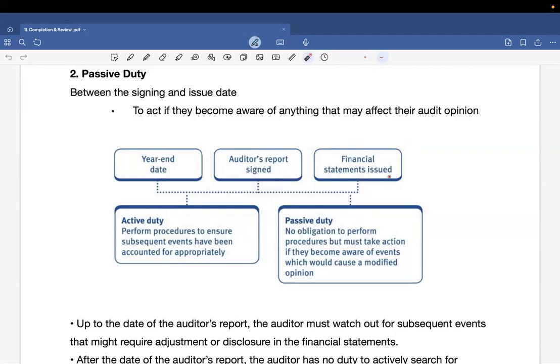But if something happens, the client should be notifying the auditor that this particular thing has occurred. So at this point of time, the auditor has no obligation to see whether any subsequent events have happened. Everything is on the client itself. Understood?